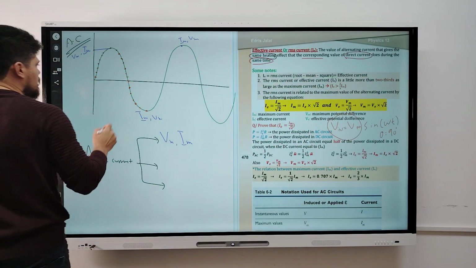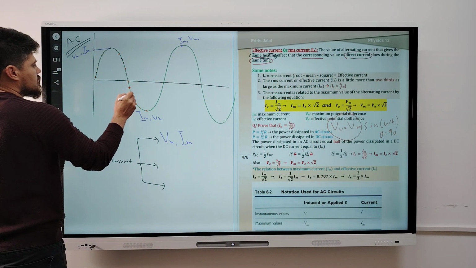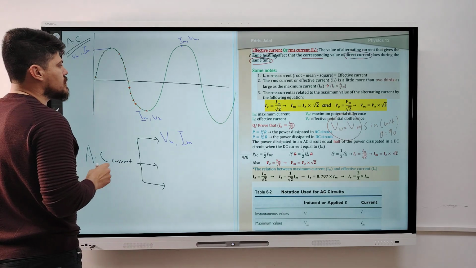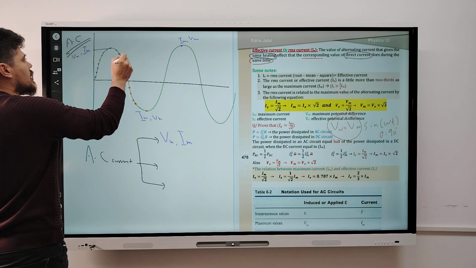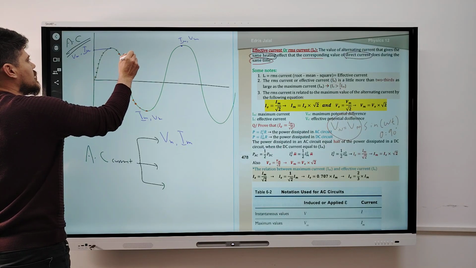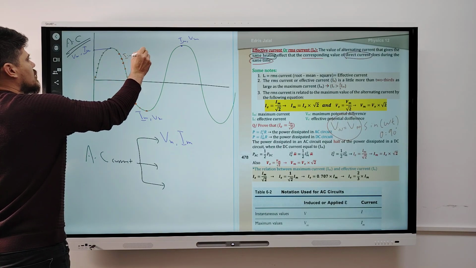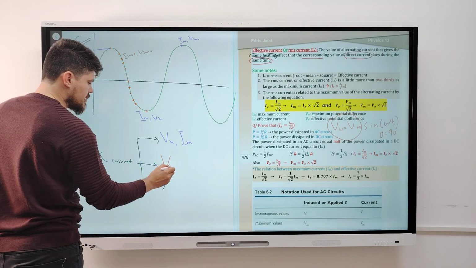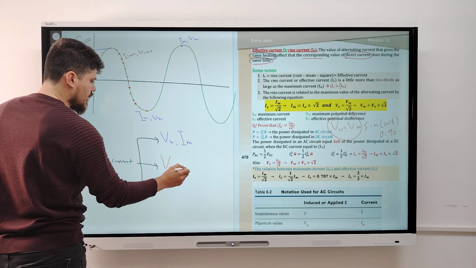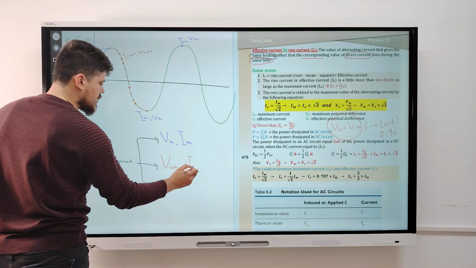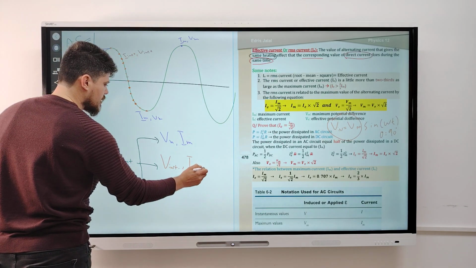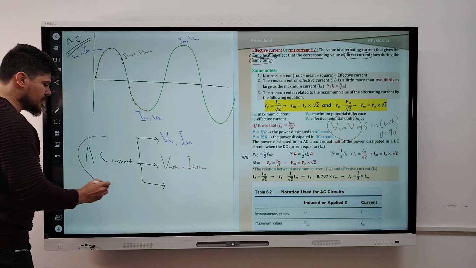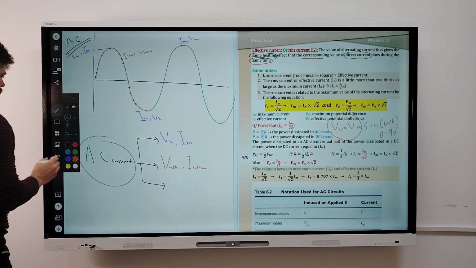So these orange dots represent the instantaneous value, I instant or V instant.